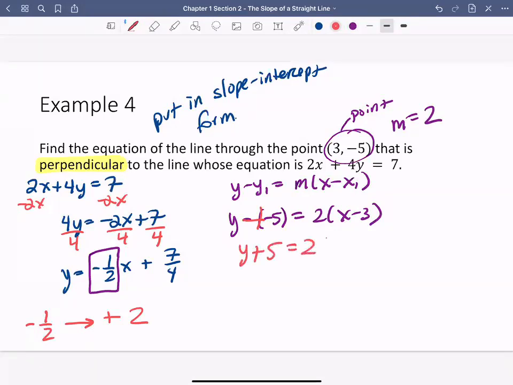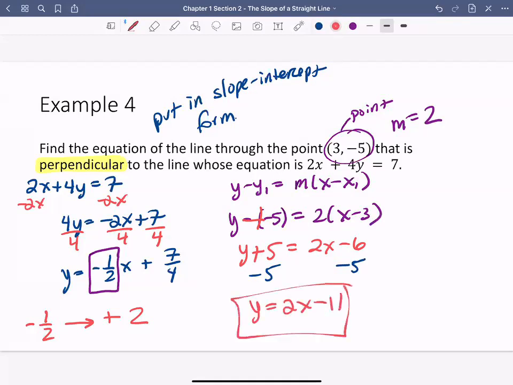Oh, I should distribute this, I'm sorry. I'm going to distribute the 2, so I get 2x minus 6. And then I'm going to subtract the 5 from both sides. I end up with y equal to 2x minus 11. And there's your equation again in slope-intercept form. Or in our case, in our text, it calls it standard form.